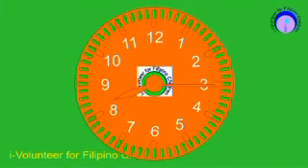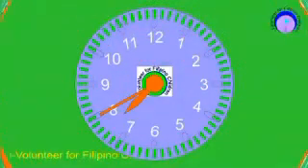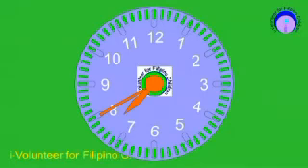What time is it? The time is 8:15. What time is it? The time is 8 o'clock. What time is it? The time is 7:40.